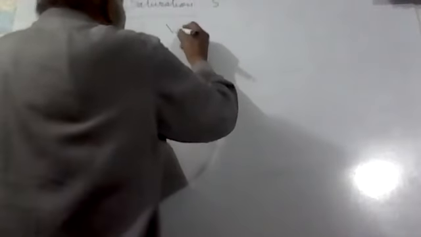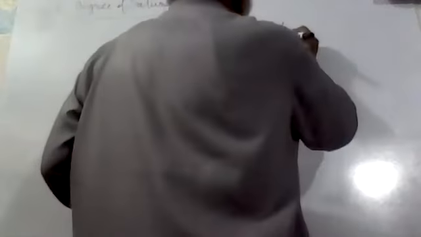S is equal to volume of water in the pores divided by volume of voids. It is not the total volume, it is volume of voids.